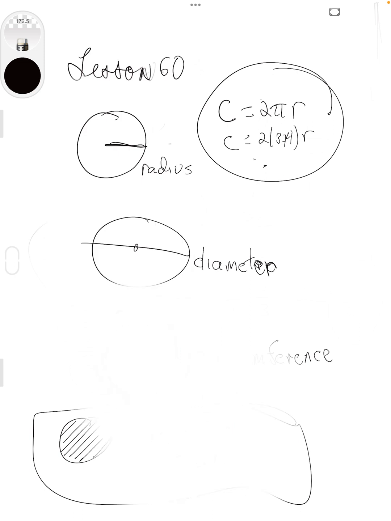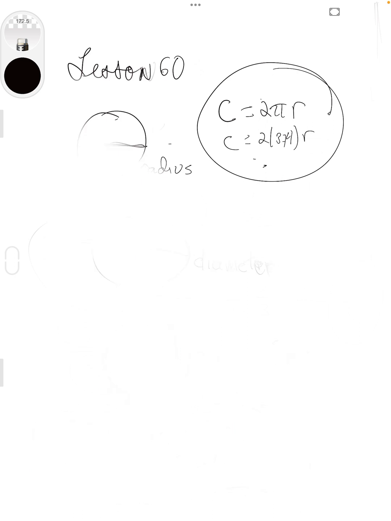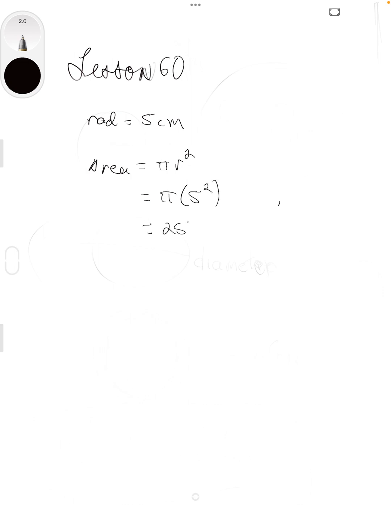For example, if the radius of a circle is 5 centimeters, and I ask what's the area? Well, the area is pi r squared, or pi times 5 squared, or 25 pi.